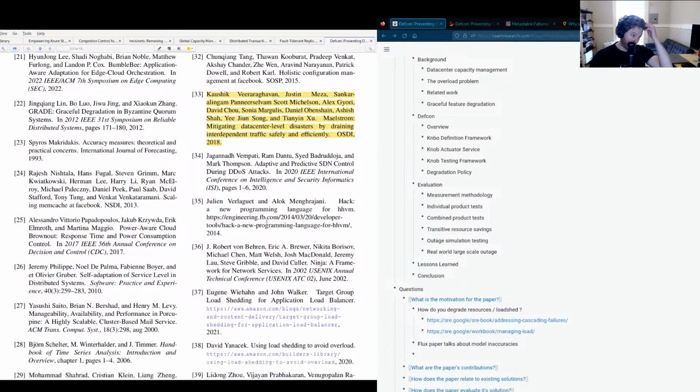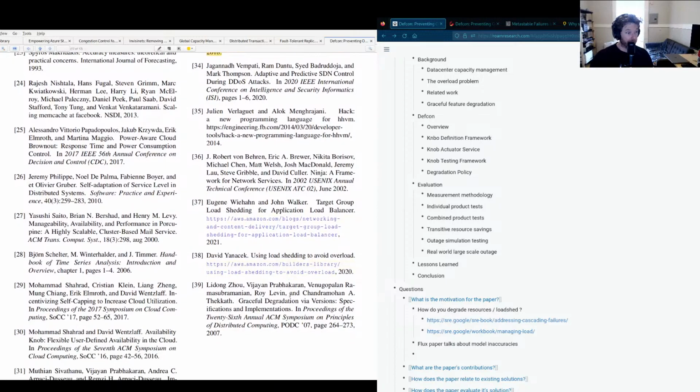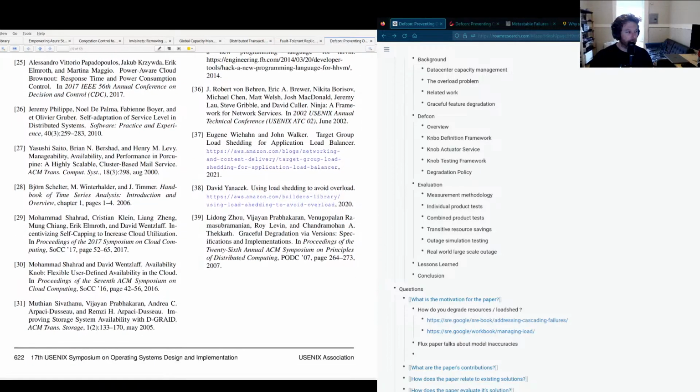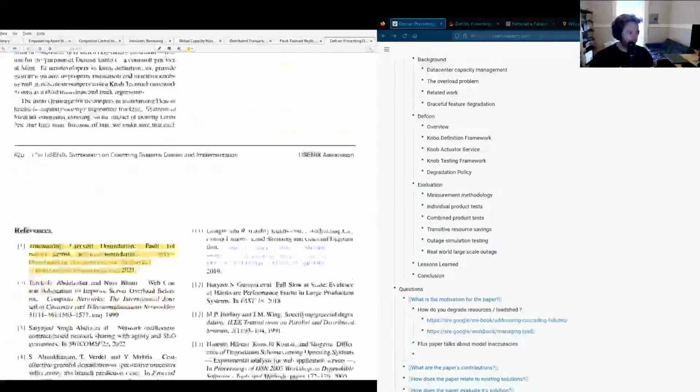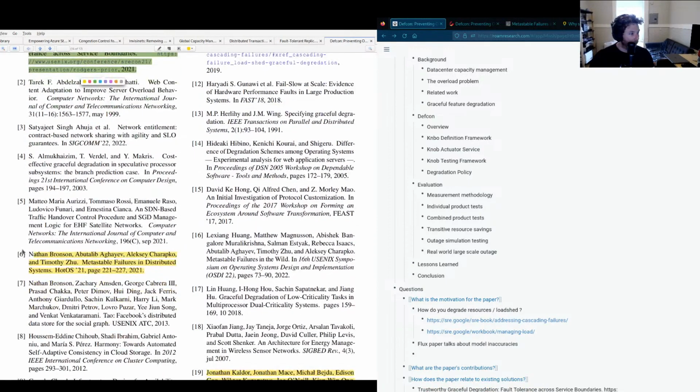They talk about hack. What else? Load shedding. Specification. Interesting. Okay, so there are a few papers that I want that they reference that I want to read, or resources rather. And then let's see.